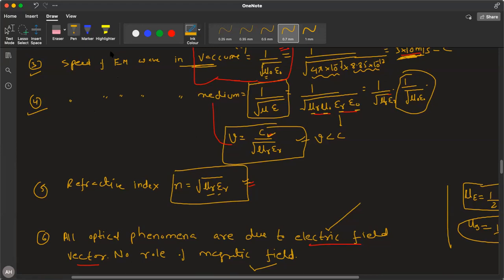Okay, so can I scroll it? Yes, sir. So the electric field has some energy, and the magnetic field also has some energy. From here you can conclude that an electromagnetic wave should have some energy. The total energy in an electromagnetic wave has two contributions: one from the electric field, another from the magnetic field.